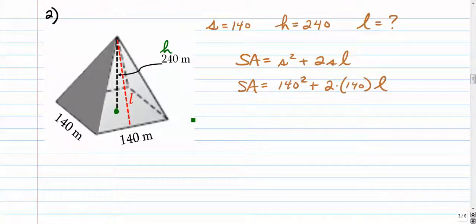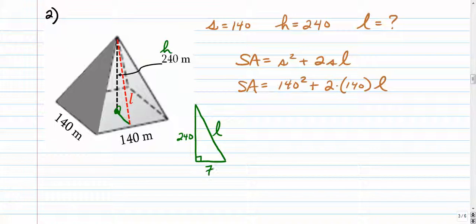So what I want you to do now is think about this cross section, which is a right triangle, where this is 240, this is L, and this right here would be this distance. So it's just going from here to here.